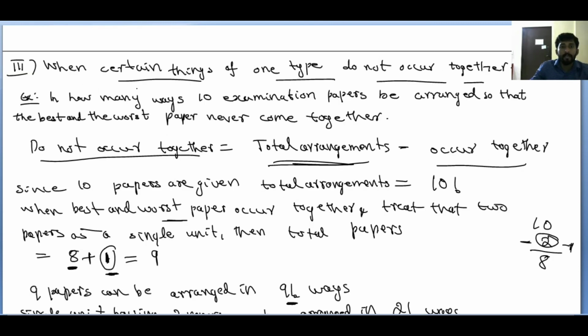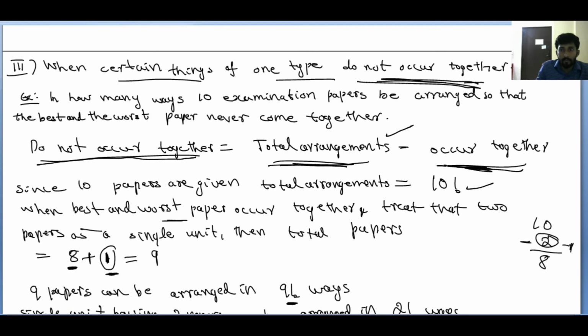Once again, whenever cases come when certain things of one type do not occur together, just remember the formula: do not occur together equal to total arrangements minus occur together. First you need to calculate total arrangements. If n objects are given, then total arrangement equal to n factorial. Since here 10 papers are given, total arrangement is equal to 10 factorial. Next, what you have to calculate? Number of arrangements when two things occur together.